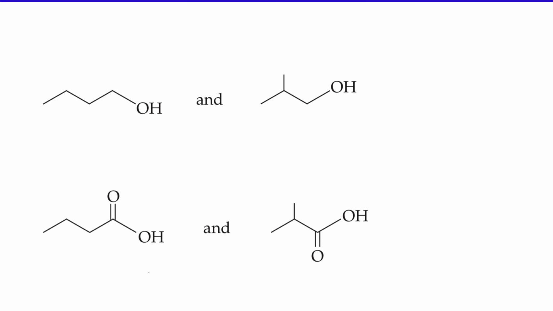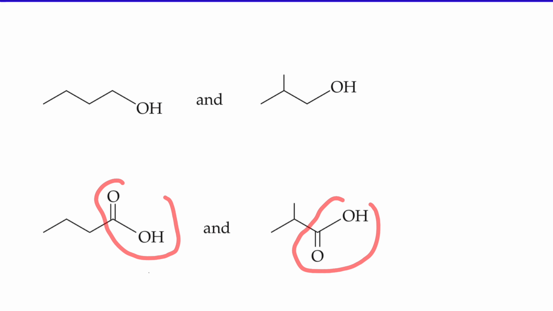Even you can observe one more example here. Of course, here OH and OH functional group is the same. So 1, 2, 3, 4 carbon chain, but this is a 3 carbon chain. Length of carbon chain is different. This is having 4 carbons, and this is having only 3 carbons in the principal carbon chain. Next, carboxylic acid.